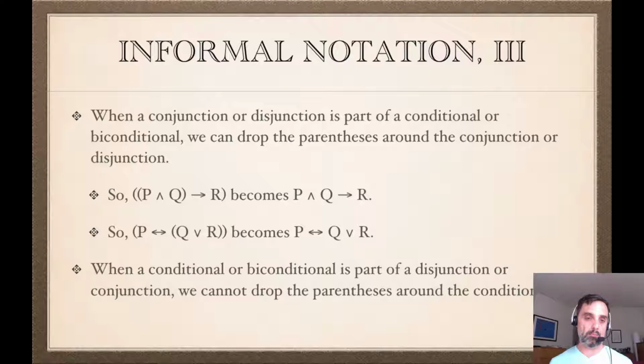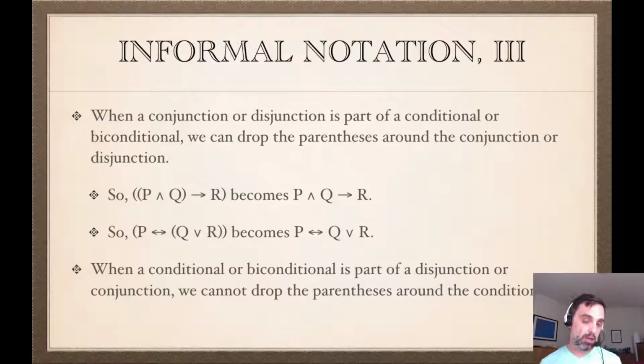When a conditional or biconditional is inside of a disjunction or conjunction, then you can't drop the parentheses around the conditional. It's only if you have a conditional higher in the tree and a disjunction or conjunction lower in the tree that you can drop the parentheses around the conjunction or disjunction. So when you see something like the sequence P, wedge, Q, arrow, R, what you know is always that the arrow goes higher in the tree.